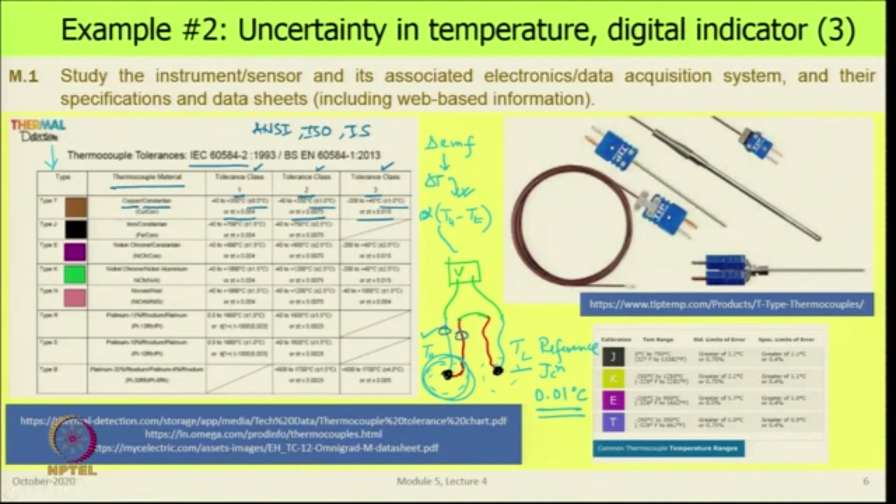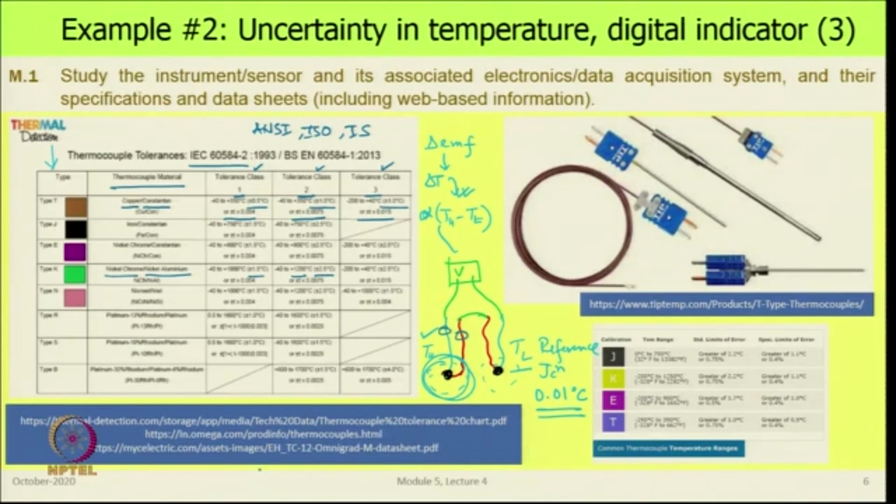And there are similar numbers given for each type of thermocouple and the range over which it can be used. So, for instance, here type K thermocouple, which is nickel chrome and nickel aluminum, or called chromel alumel. This works from minus 40 to 100 degrees Celsius, plus minus 1.5 degrees Celsius, or if it is class 2, it goes to 1200 degrees Celsius, plus minus 2.5 degrees Celsius, the uncertainty is there.